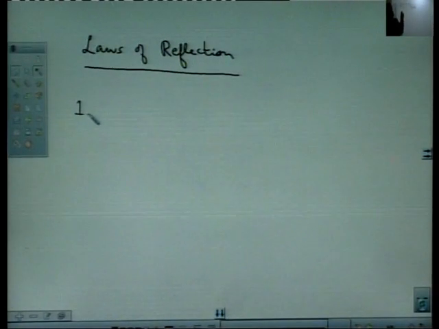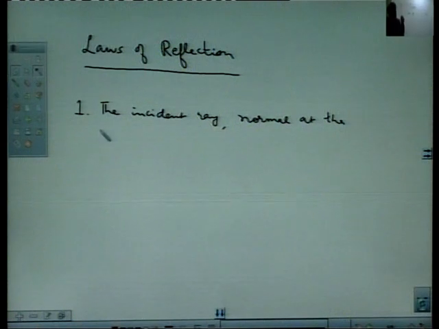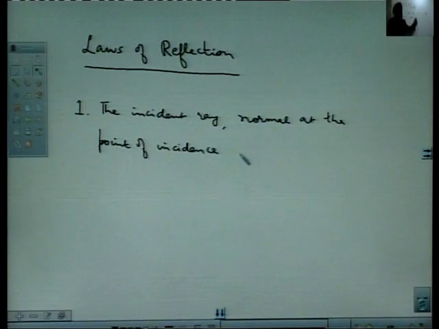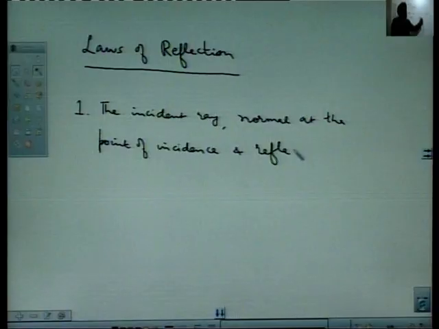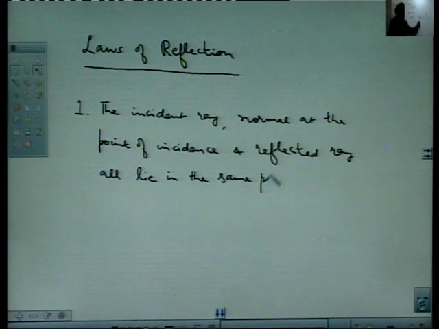First law is the incident ray, normal at the point of incidence and reflected ray all lie in the same plane.